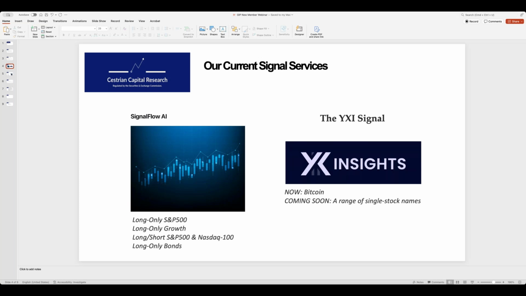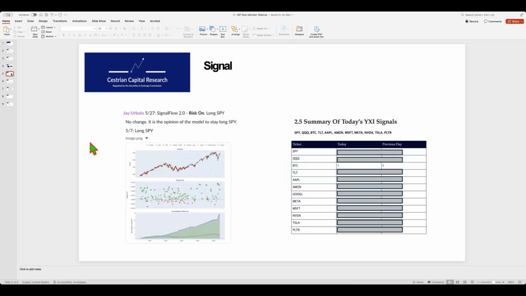Okay, I got that. Your chart had a little table under it. Just a second, I need to zoom in. On this one you're referring to the long SPY, version 2.0.